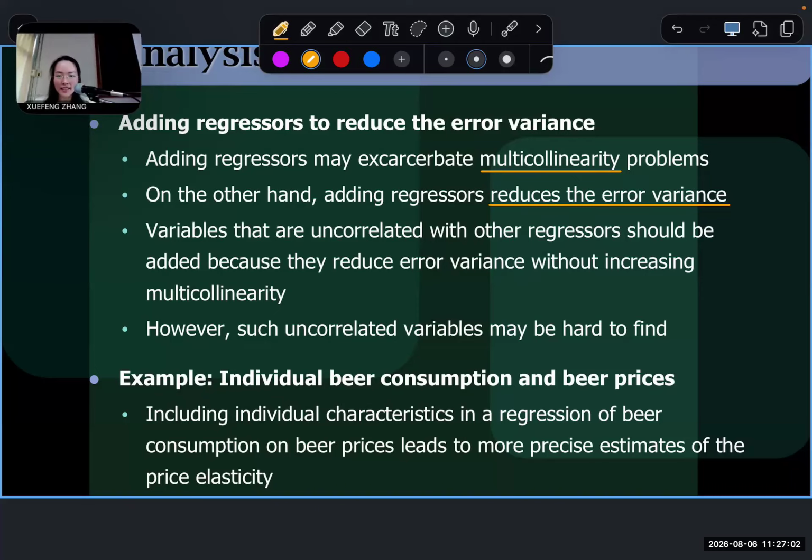So the best case is that you add a variable that's uncorrelated with your existing regressors. You get the error variance benefit without the multicollinearity cost, which is the pure case.